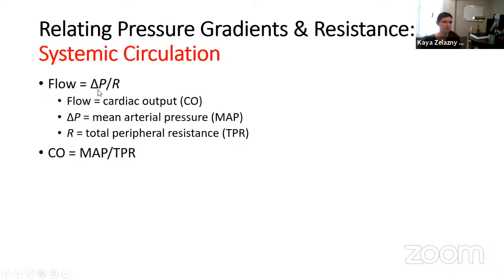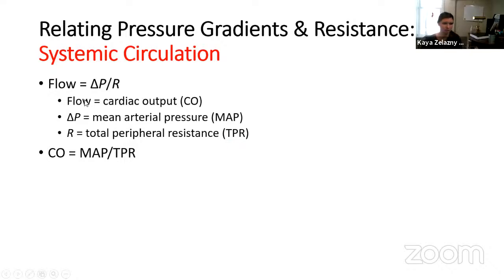So our flow is equivalent to delta P, that's our difference in pressure, that pressure gradient, divided by our resistance, which is essentially, for our purposes, talking about the diameter or the radius of those blood vessels. But when we're measuring these in the body, we're going to sub in specific measurements.